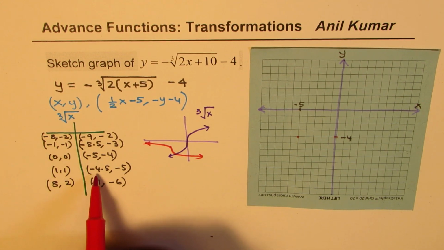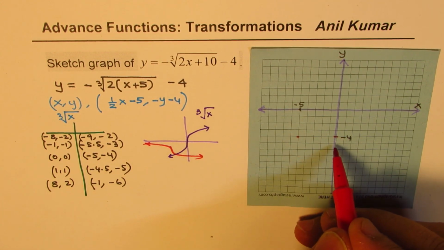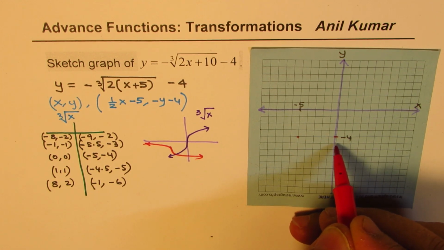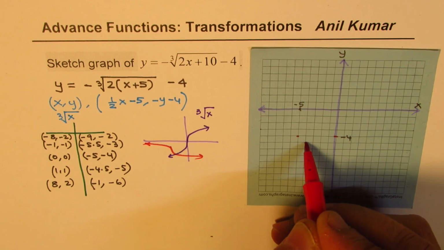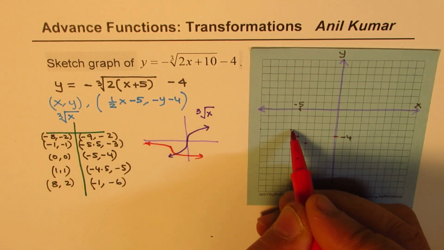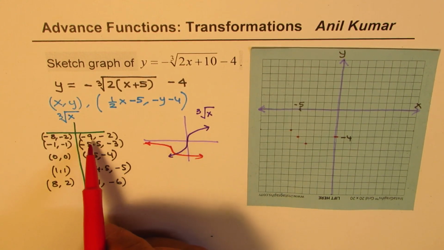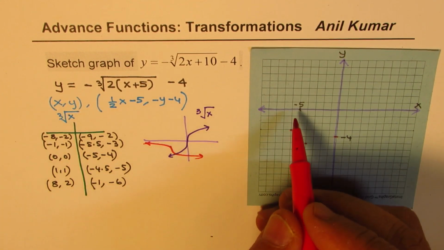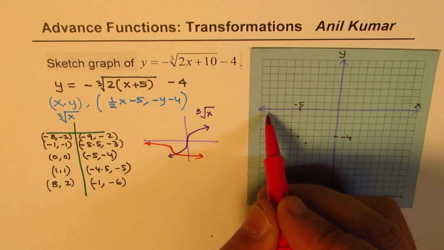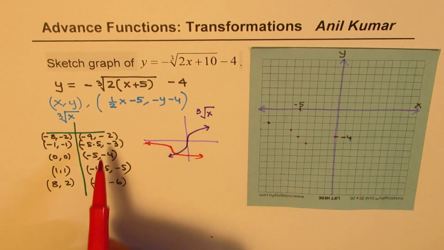One on the right is -4.5 and -5. And then we have -5.5 and -3. And then we have -9, -2. So 5, 6, 7, 8, 9 and -2. Right? So that becomes that point.